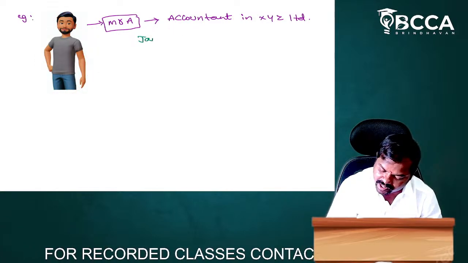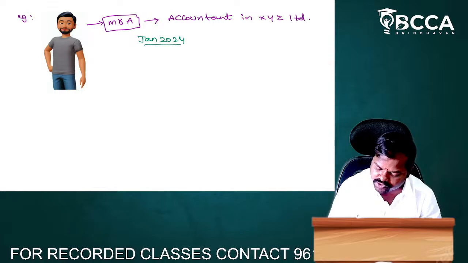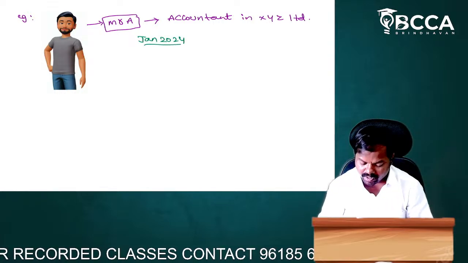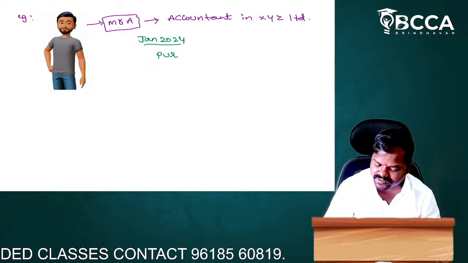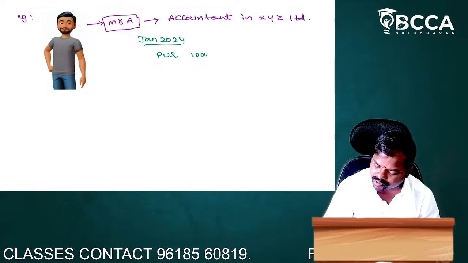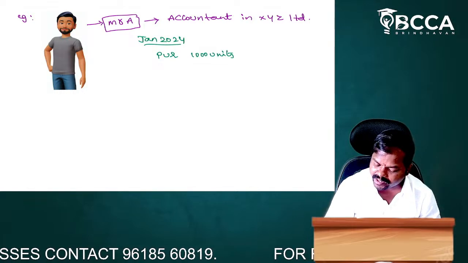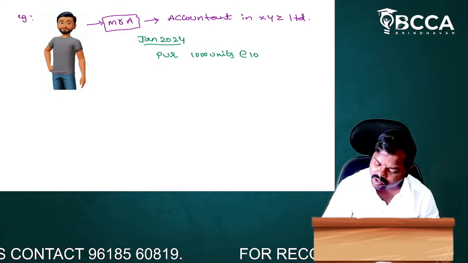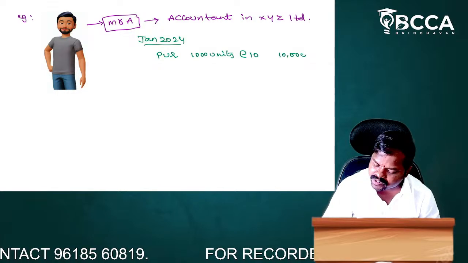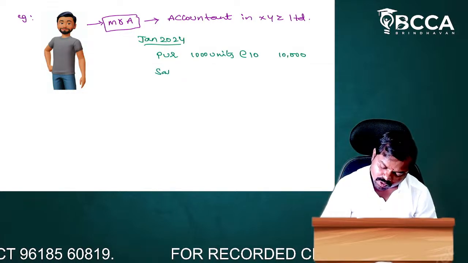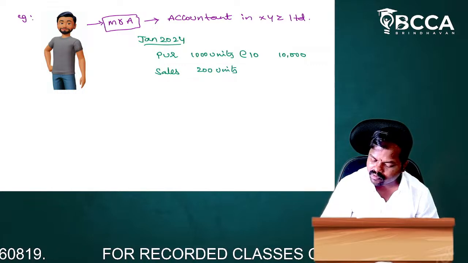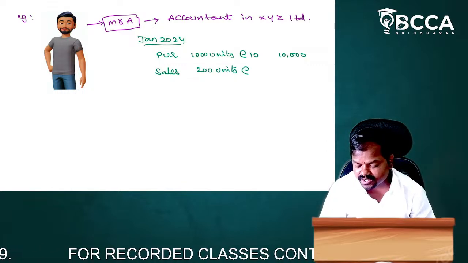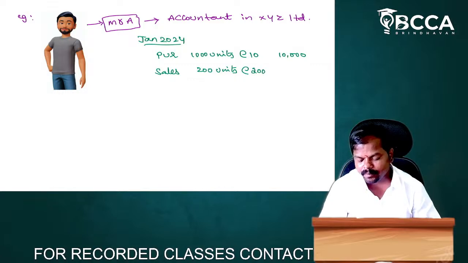In January 2024, just assume, they purchase 1,000 units at the rate of 10 rupees. How much? 10,000 rupees they incurred. They sold 200 units for, just an assumption, 200 rupees.